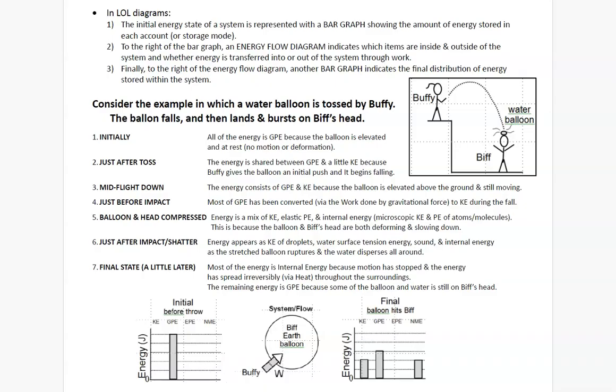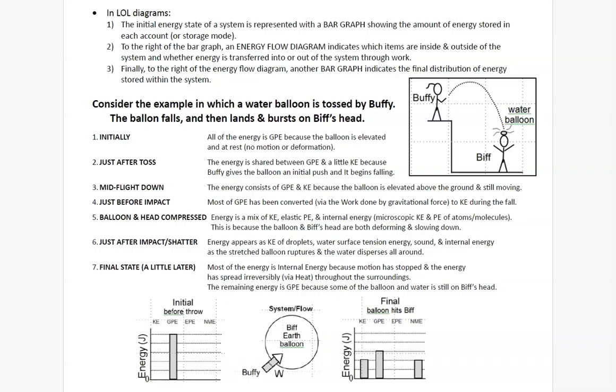So the surroundings might bring energy into the system, or the system might bring energy to the outside surroundings. And those methods of transferring energy could be things like work or heat. Mostly it's work that we discuss here. Occasionally we'll mention heat. So that's the LOL diagram.